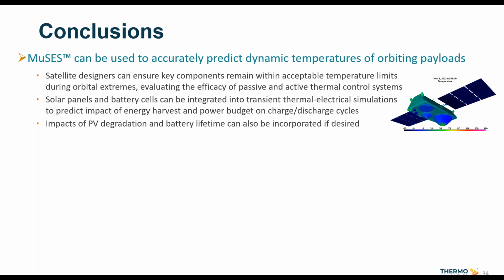We've shown how you can integrate solar panels and multi-cell battery packs into your transient thermoelectrical simulations and look at power budget and charging and discharging. We've also demonstrated how you can incorporate the effects of battery lifetime and solar panel degradation and see how that's going to affect the performance of the satellite in future years.